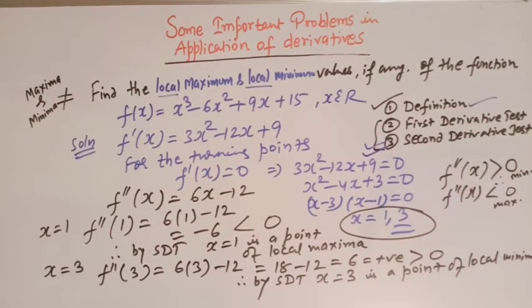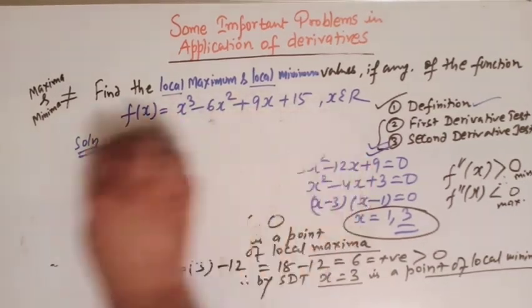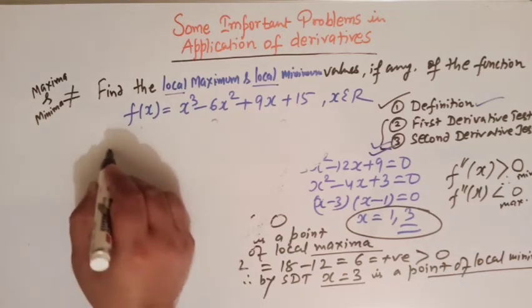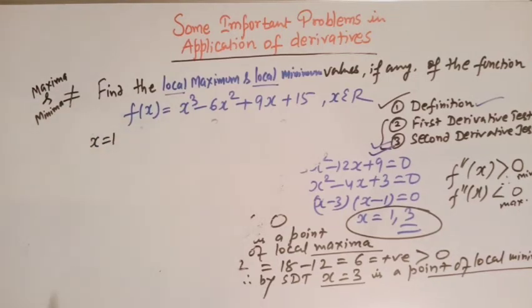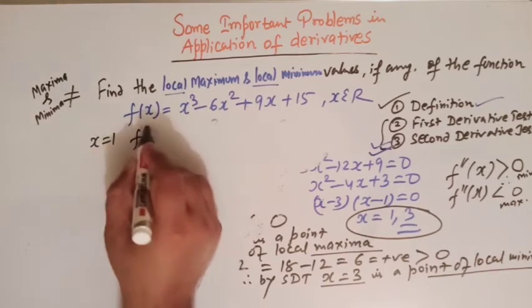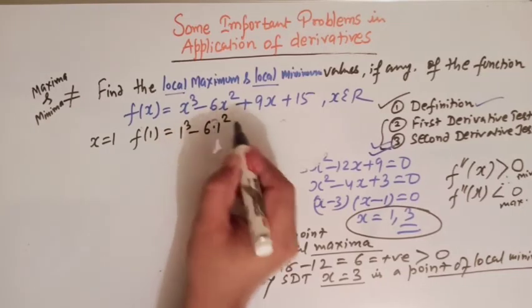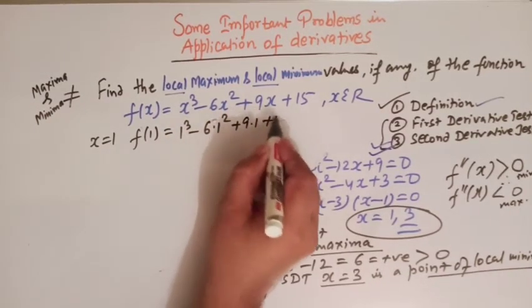Okay, so here x equal to 1 is a point of local maxima, x equal to 3 is a point of local minima, and the local maximum value is, so x equal to 1 is a point of local maxima, so we have f(1) is equal to 1 cube minus 6 times 1 square plus 9 times 1 plus 15.